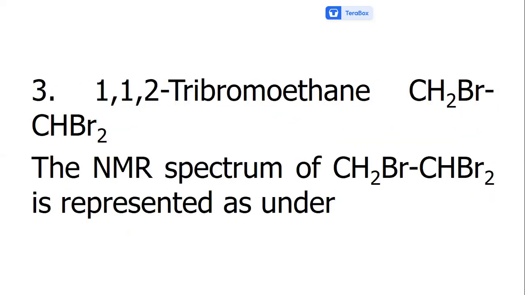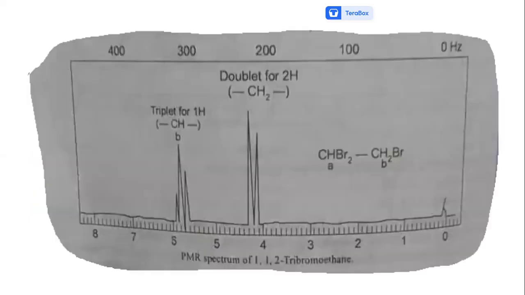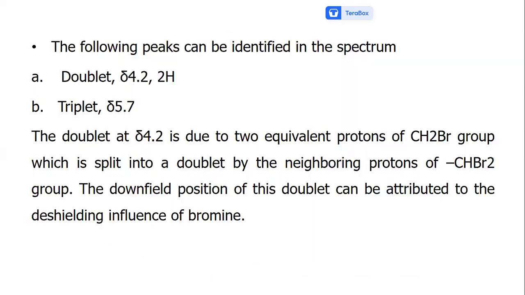1,1,2-tribromoethane, CH2BrCHBr2. The NMR spectrum of CH2BrCHBr2, that is 1,1,2-tribromoethane, is represented as under: this is a triplet and a doublet.